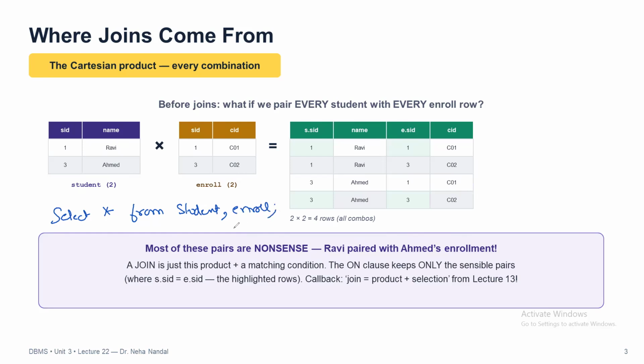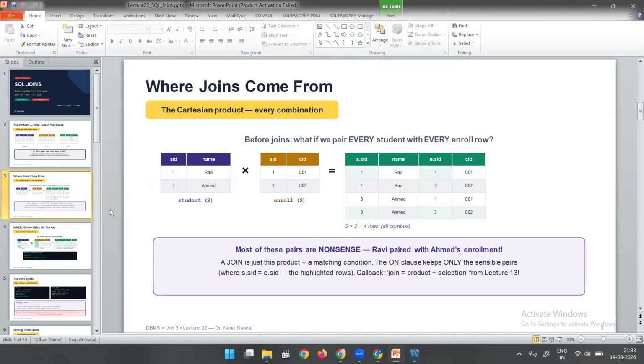It will perform the cross product. So let us see in Workbench how the Cartesian product happens, and then we will see how a join looks. Then we'll start with the types of join. Let me move to Workbench and show you the tables.